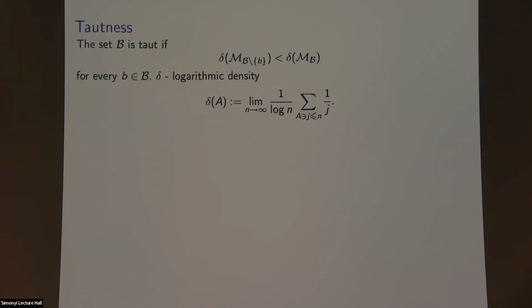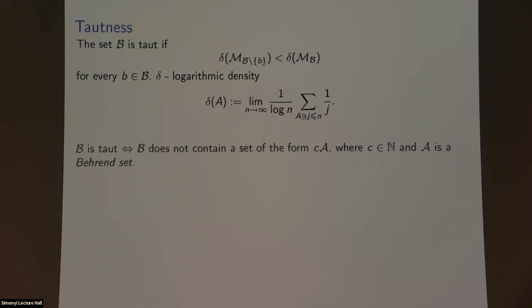When you remove any element from B, then the logarithmic density of the set of multiples decreases. Every element is important from this point of view. Logarithmic density of a set A is defined as this, and I would like to say that it always exists for sets of multiples. It's a theorem.